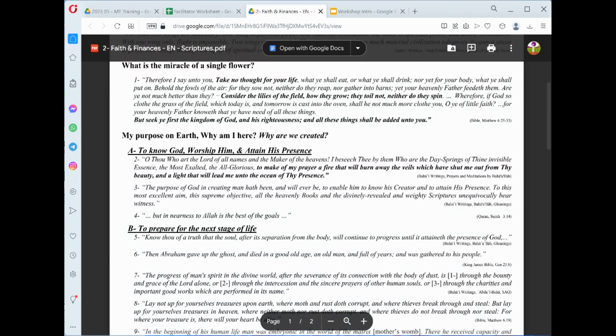But seek ye first the kingdom of God and his righteousness, and all these things shall be added unto you.